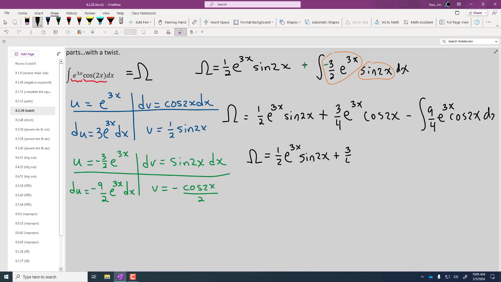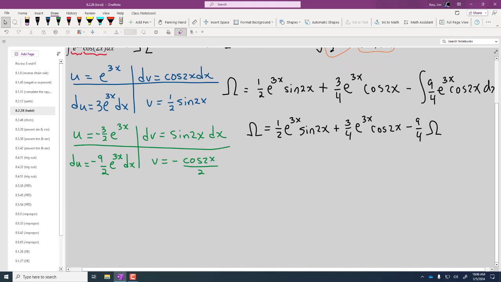So before we do the twist, we are doing an algebra step. We're saying, let's factor out the 9/4, and then the integral of e to the 3x cosine of 2x, that's what we're calling omega. And now we are back to algebra 1. We've got a one variable equation, one variable in omega.